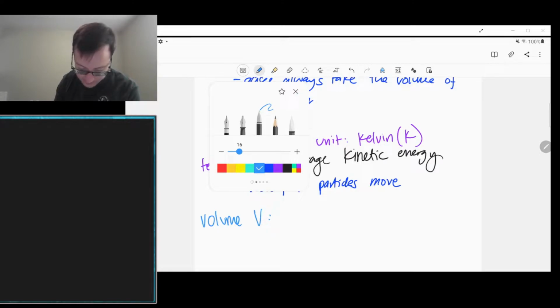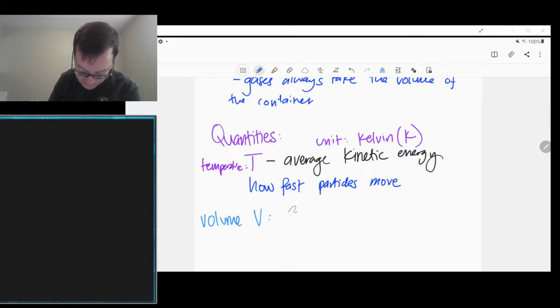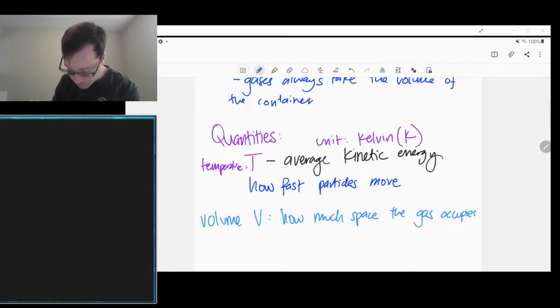For volume, this tells us how much space the gas occupies. That's just the definition of volume, right? It's how much space something takes up.